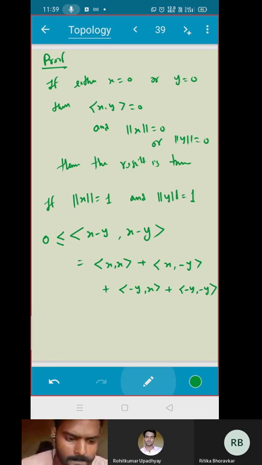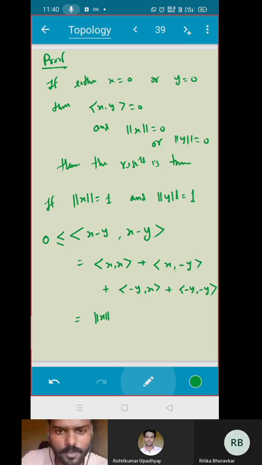Exactly. Now what do you see in this one? This is norm x squared. And what do you know about this and this? Can I take minus 1 outside? By which property? By, I think, the third property of inner product space. And here also, x and y can get interchanged, correct?